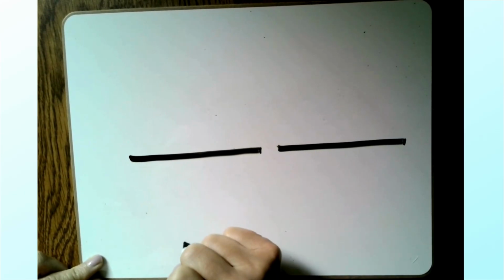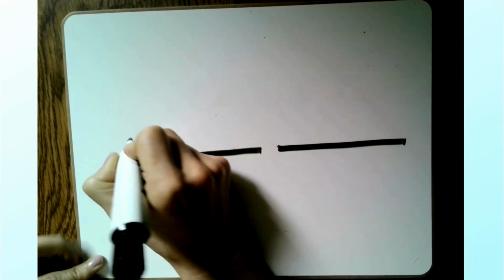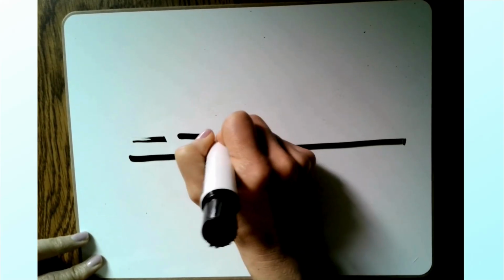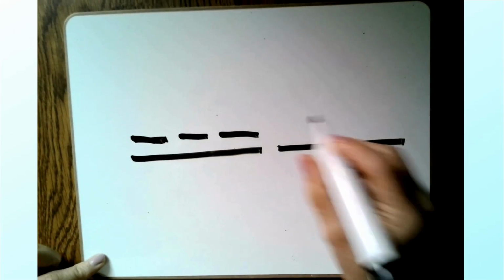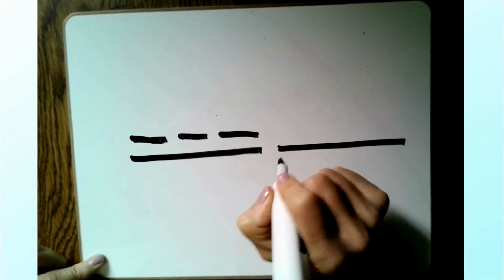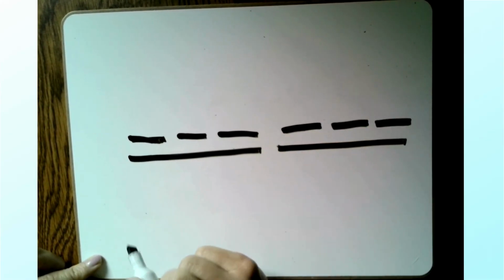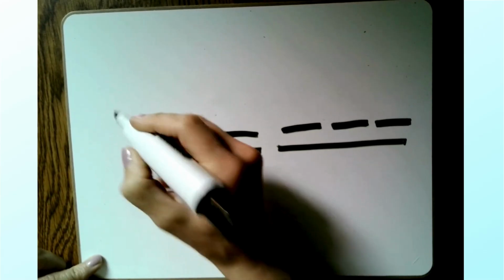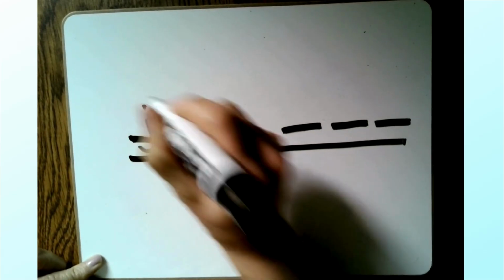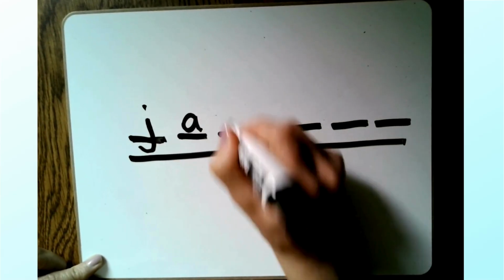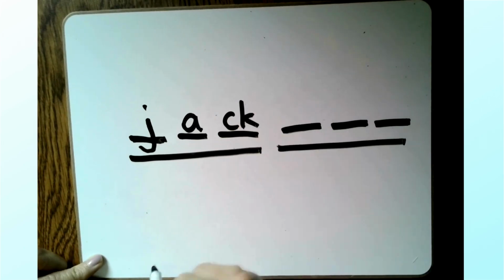So how many sounds do we hear in the first syllable? Jack. J, a, k. I hear 3 sounds. How many sounds in the second syllable? Pot. /p/ /o/ /t/. Now we go ahead and match the sounds to the symbol. So jack. J, a, k. Pot.